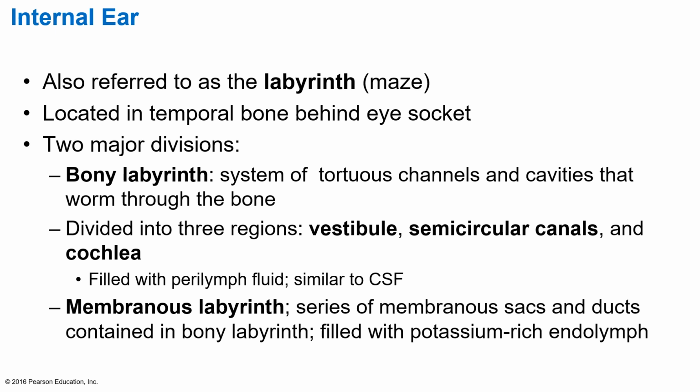Divided into three regions: vestibule, semicircular canals, and cochlea. And it's filled with perilymph fluid, which is similar to cerebrospinal fluid. The membranous labyrinth is a series of membranous sacs and ducts contained in the bony labyrinth, and it's filled with a potassium-rich endolymph. Perilymph bone, membranous endolymph.